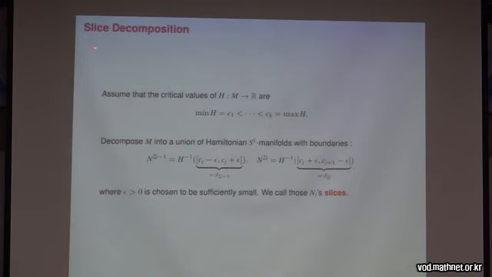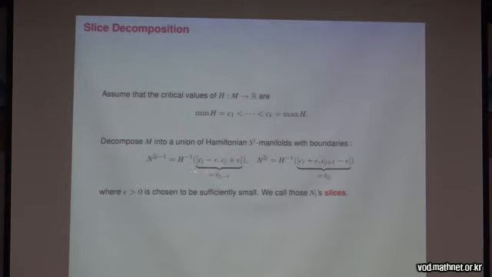Now I want to explain the main idea, how to classify those kinds of spaces. So first we assume a Hamiltonian S1 manifold with a moment map H. Then because we assume that M is compact, we have a finite number of critical values, C1 to Ck in increasing order. Then we decompose M into several manifolds with boundaries.